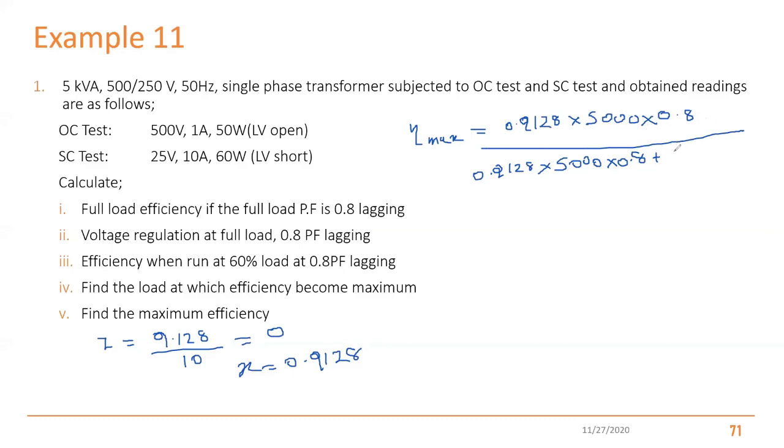Therefore, it should also be 50. Therefore, 2 into 50. So this is the full load maximum efficiency. The maximum efficiency is 97.33.